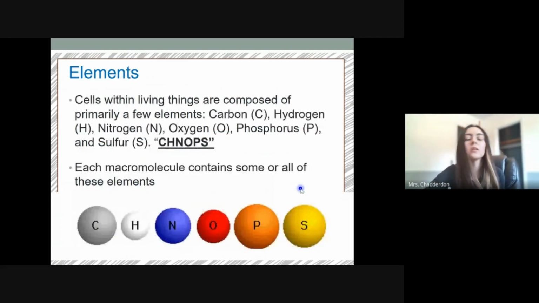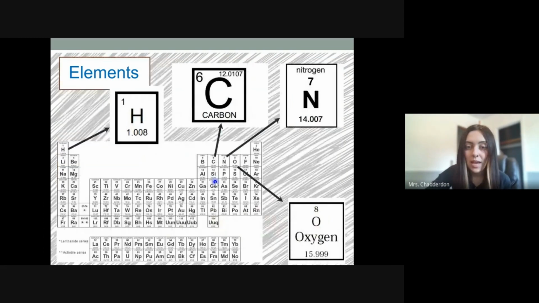Now, cells are made up of primarily a few elements: carbon, hydrogen, nitrogen, oxygen, phosphorus, and sulfur. To shorten this, we can just call it SHNOPS. Each macromolecule contains some or all of those elements. There's the periodic table showing you where to find some of those elements.